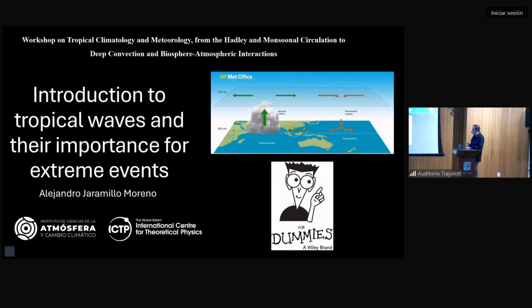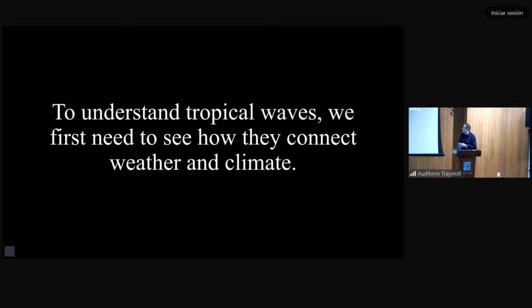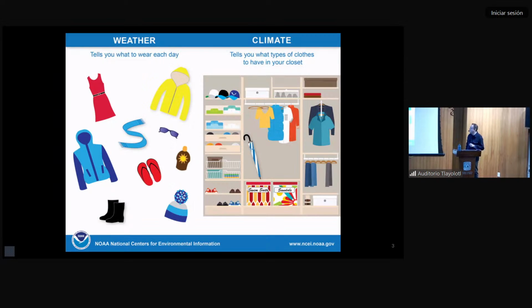To start talking about tropical waves, we must go around a very different question, and that is how tropical waves are tied or connected between weather and climate.